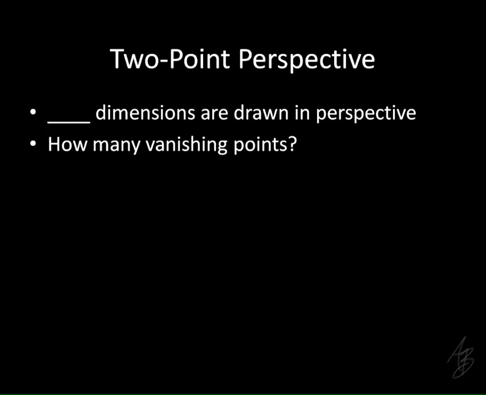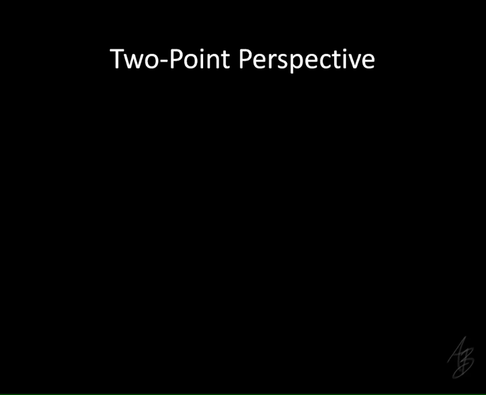It's kind of a tricky question because it's called 2 point perspective because there's 2 primary vanishing points, but there are lots of other vanishing points. In fact, there's infinitely many vanishing points. Every set of parallel lines in the plane is going to have its own vanishing point. The thing is, the width lines and the depth lines are the ones that we're going to use most often, so we're going to use 2 primarily.